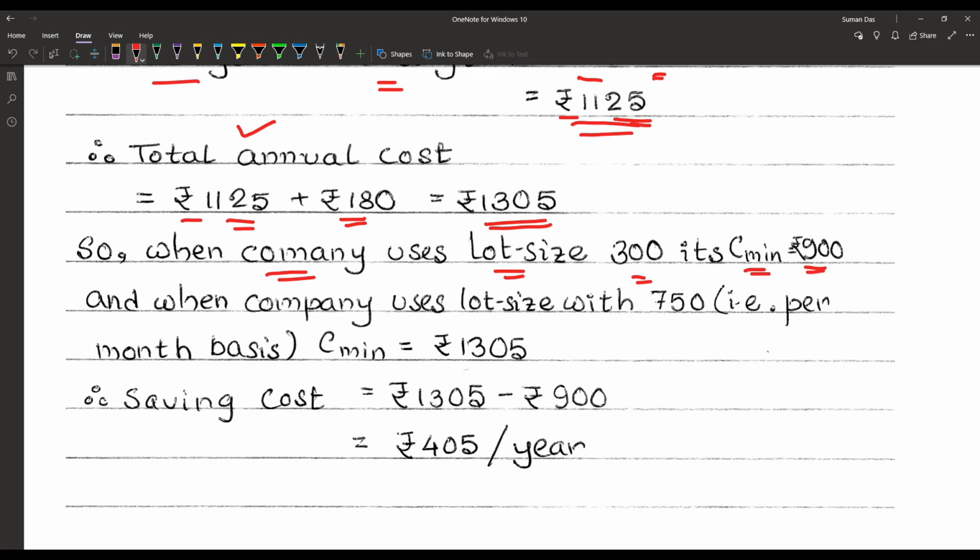That is what we get when we have an annual demand that is uniform at 9000. And when the company uses its policy lot size of 750, on a per month basis, the cost is equal to rupees 1305. So the saving must be rupees 1305 minus rupees 900, or rupees 405 per year.